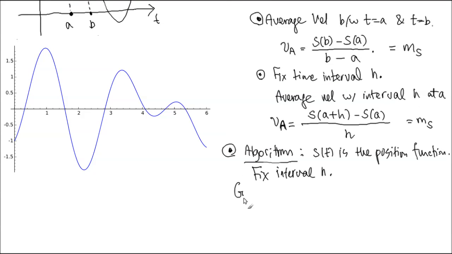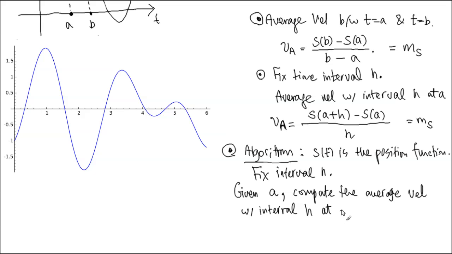The algorithm starts like this: given a value a, and you understand what to do with that a, right? So what we're going to do is compute the average velocity with interval h at time a.